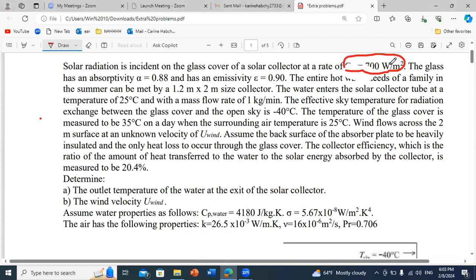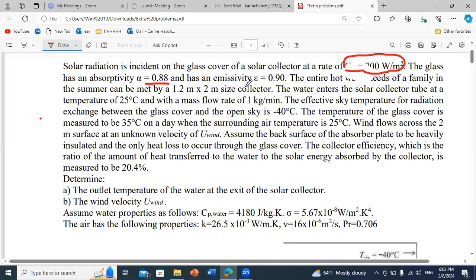This is what we call irradiation. The glass has an absorptivity of 0.88. If you remember when we defined radiation, we talked about emissivity, absorptivity, reflectivity, and transmissivity. So this is the absorptivity coefficient.